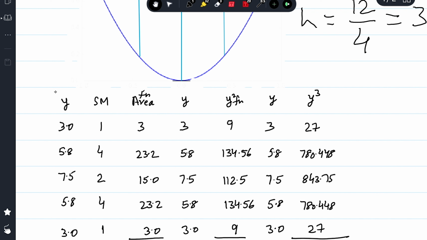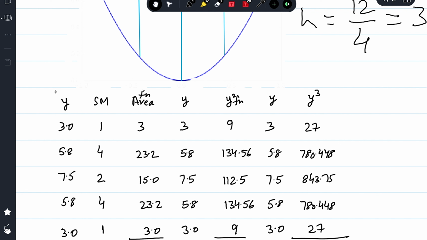So the area function is multiplied by the y ordinate again, all the area functions, and we get the y square function. We add up and we get sum of the product 399.62. Then the y square function, which is the moment of area, is again multiplied by the ordinate itself.